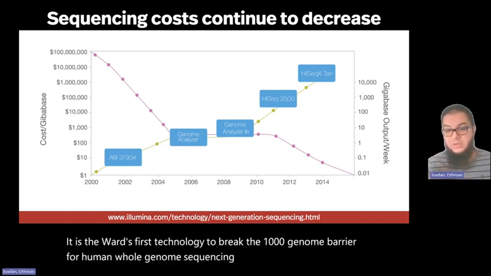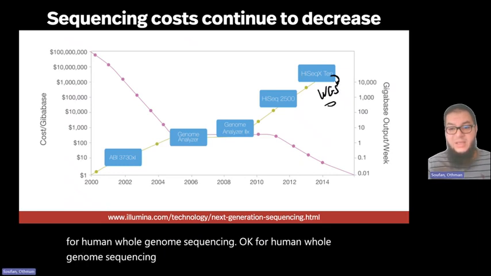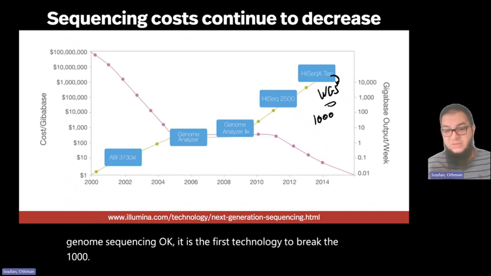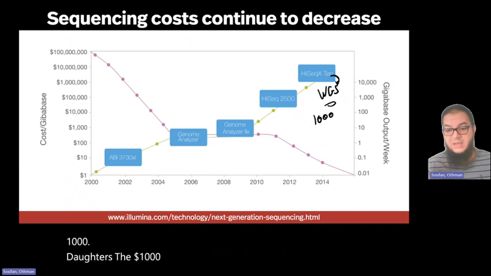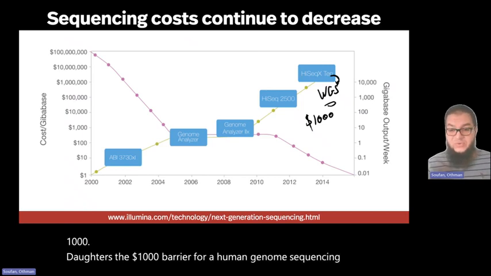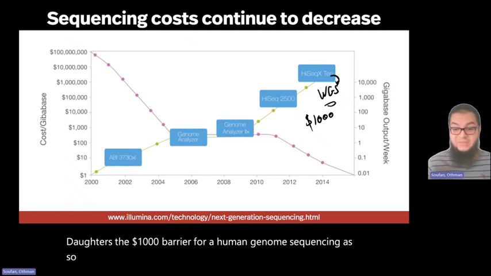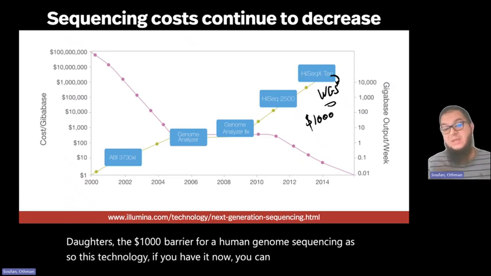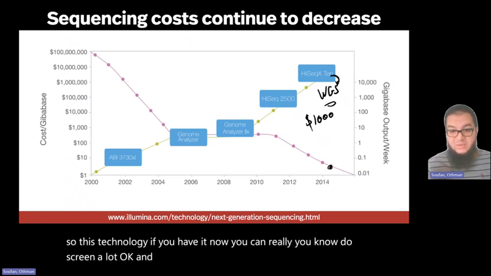So if you have this technology now, you can really screen a lot, and for very low cost. And gigabase per week is huge.